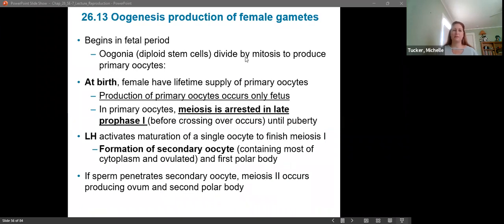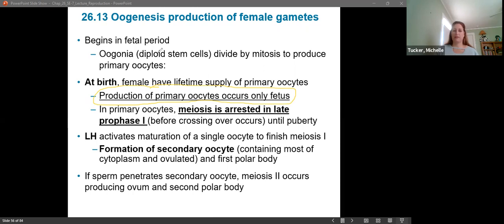So now we're going to move on to the physiology. It begins in the fetus. This is a really big thing: production of primary oocytes occurs only in the fetus.